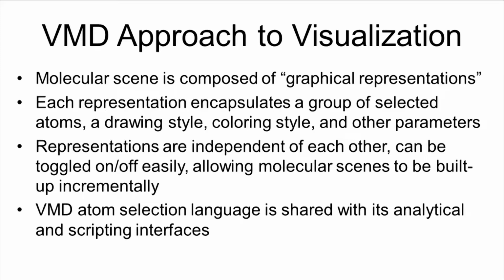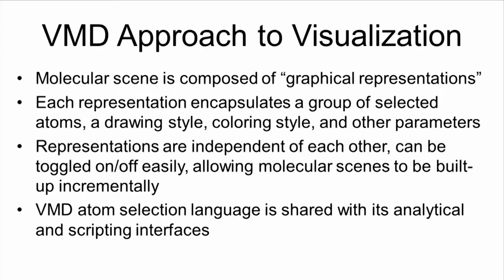Representations also incorporate an atom selection, as we call it, and the atom selection understands the chemical structure that you're dealing with. So this is one of the things that makes VMD unique versus general purpose tools. It actually understands molecular structures at a deep level. It has very high performance algorithms for walking the molecular graph, for doing various analytical tasks that involve understanding bond topology, things like this.